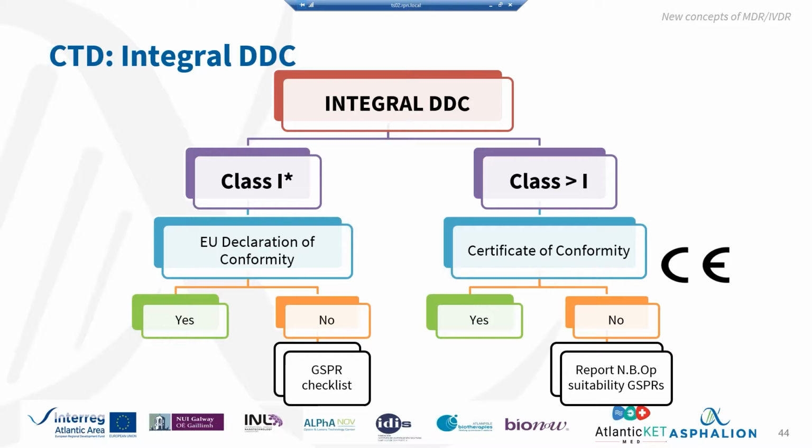Up until now, you could either manufacture the device in-house without presenting this CE marking, or you could buy it externally. So what is being brought up now is that, okay, if you don't use an already CE marked product, you have to provide a notified body opinion assessing that this device complies with the regulation.